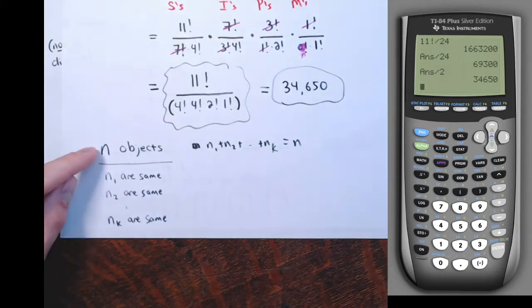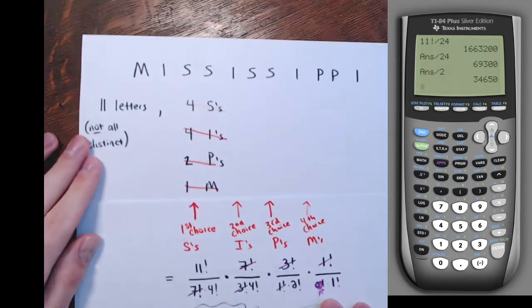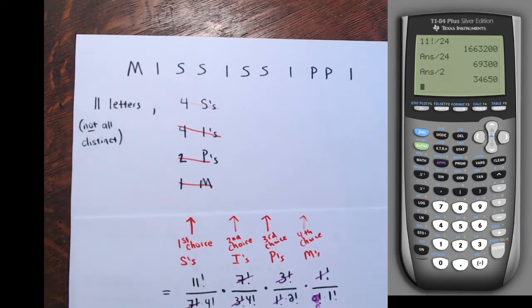It's just the number of objects broken up into groups that look the same, kind of like the 11 letters broken up into the groups that look the same.